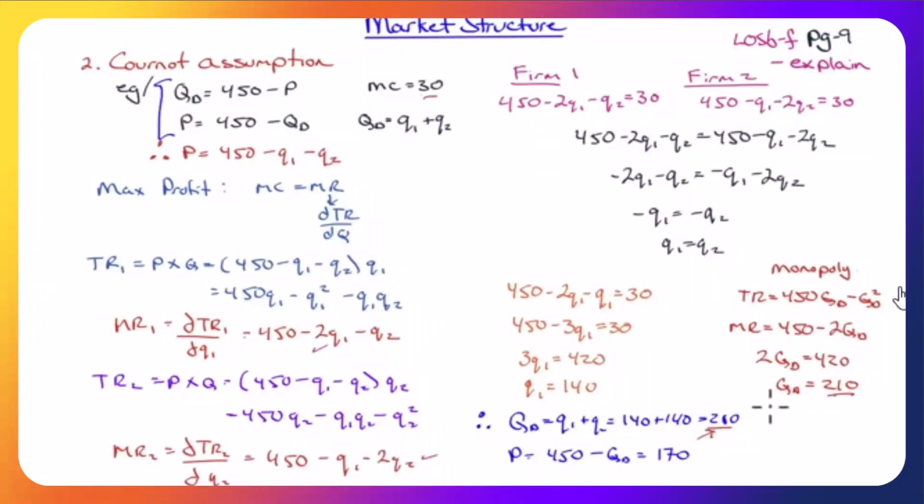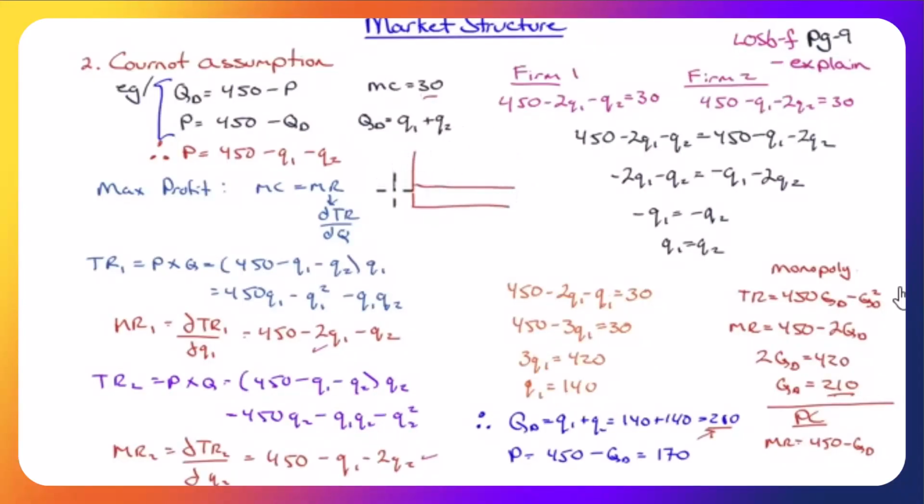Well, let's do perfect competition now. Let's see what the output of perfect competition was. At this point, our marginal revenue curve is our demand curve, because remember, in perfect competition, we have a horizontal demand curve. So our marginal revenue is going to be 450 minus QD, which is equal to price. Again, I'll draw that out for you.